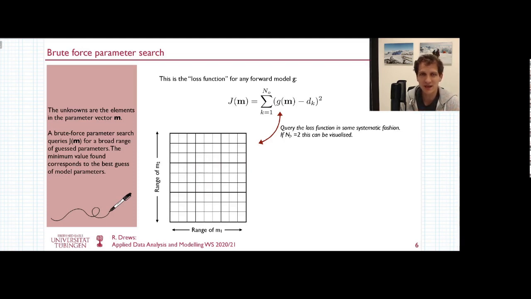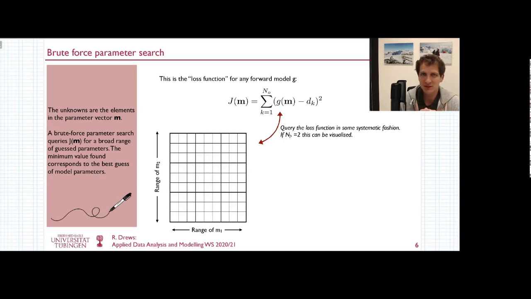What work needs to be done? Well, what happens here is we just guess model parameters, and for each guess, we calculate the misfit between observations and model, and then we take the best guess, which is the minimum misfit, as our optimized forward model.